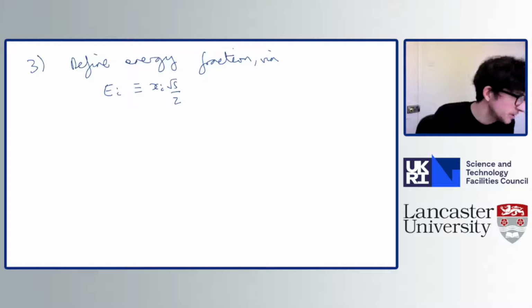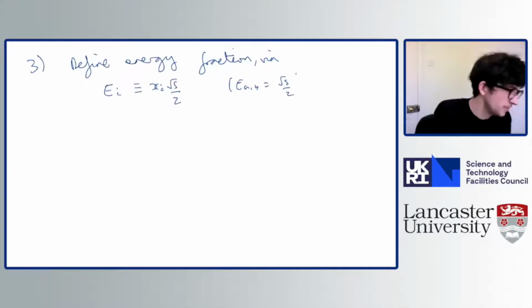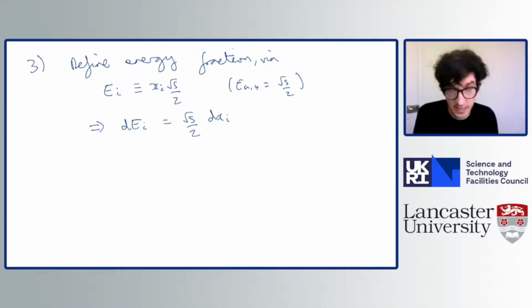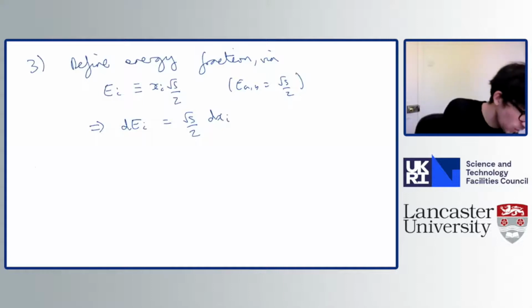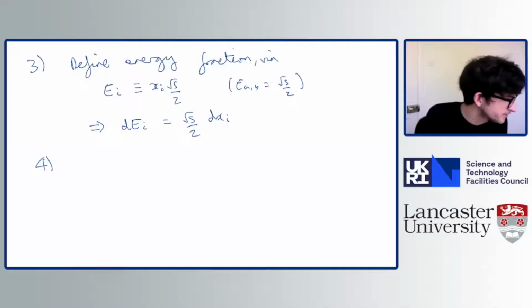So E_a and E_b are then, in other words, just root S over 2 in the usual way. Remember that. And we can then write the energy integral in terms of that, an integral over this energy fraction x. It's just a way of writing things in a compact way. And I'll show why I've expressed things in terms of that in a minute.